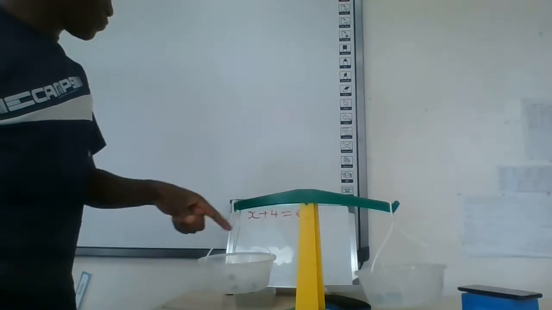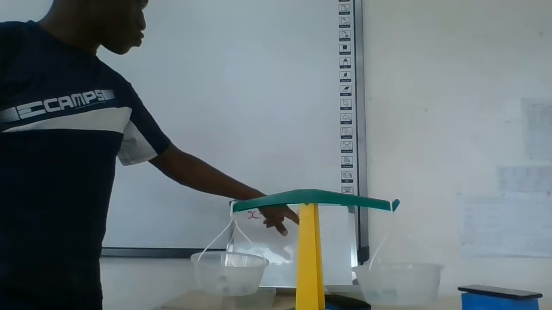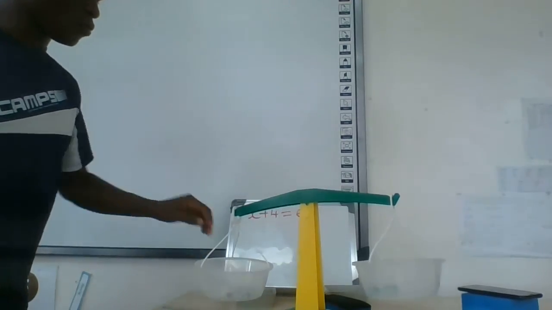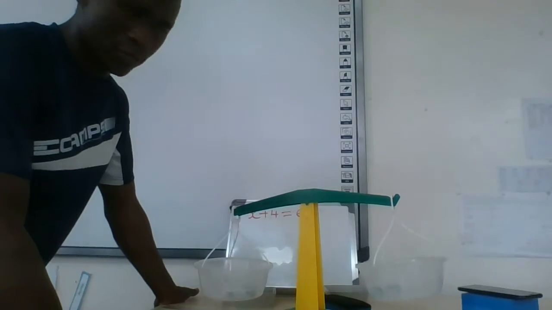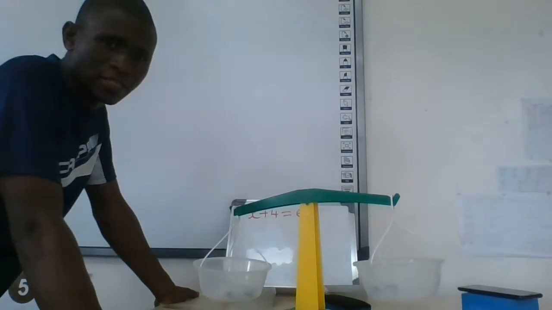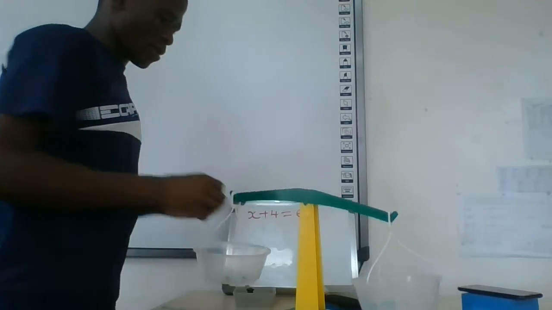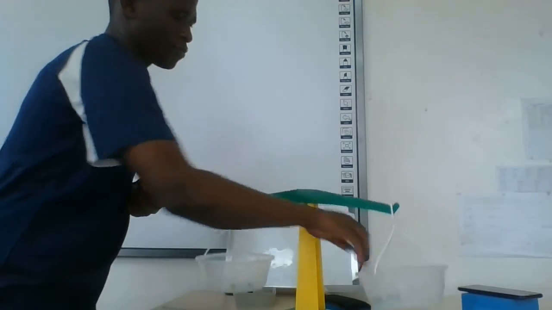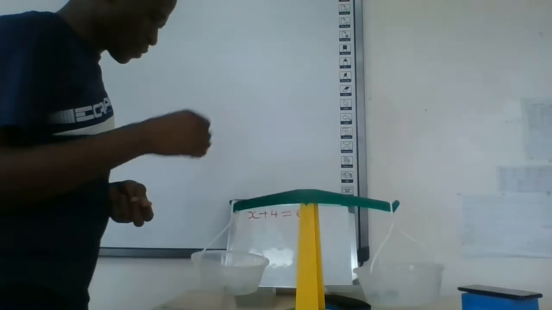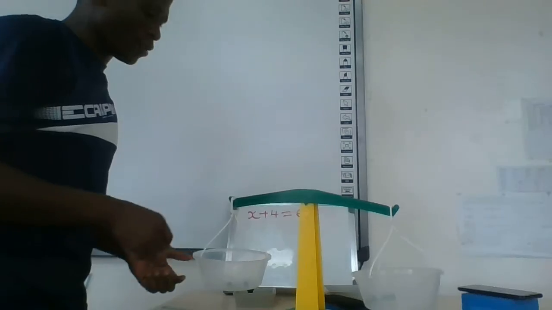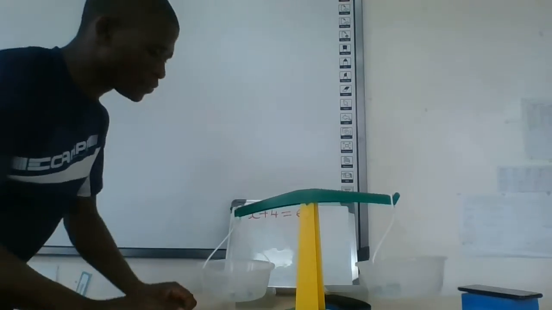So if x plus 4 is equal to 6, then what will be the value of x? So I will start taking away again one by one. I take one marble and one from there, until all the marbles in this tin are finished and we remain with the object only.